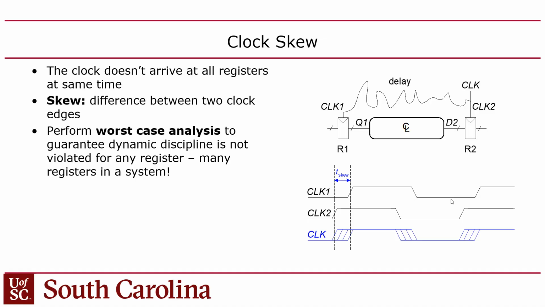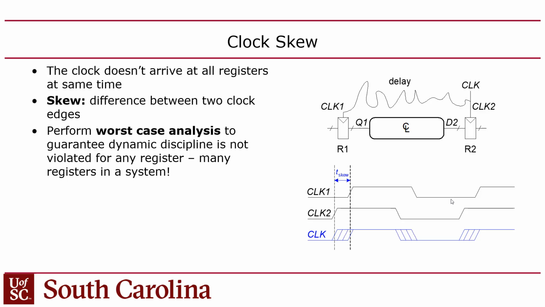Okay, but there's another issue called clock skew, which you also have to worry about. The clock comes into the chip, and then it has to be distributed to every single flip-flop on the whole chip. Now, on an FPGA and on an ASIC, you have a specialized, high-speed clock network. It creates a structure called an H tree.